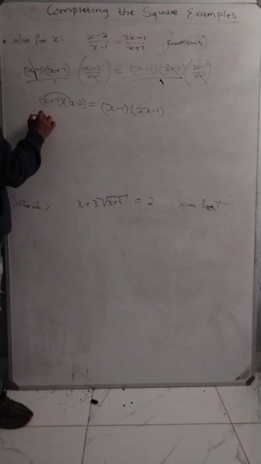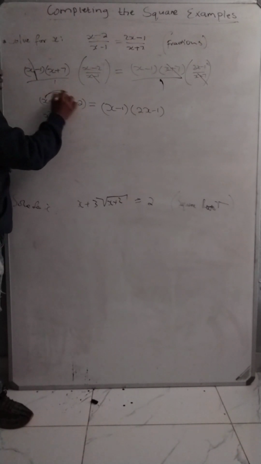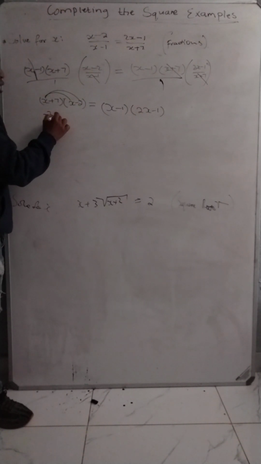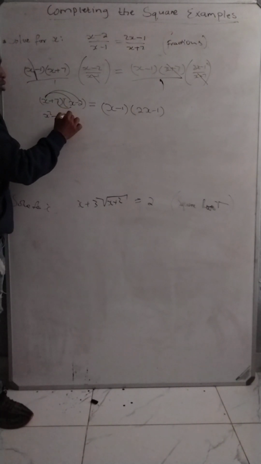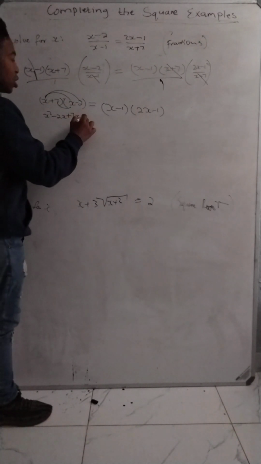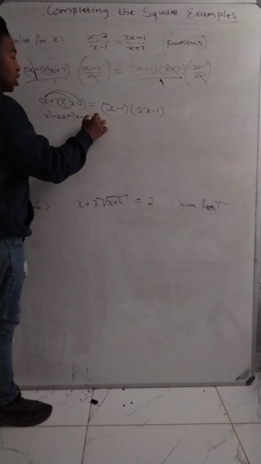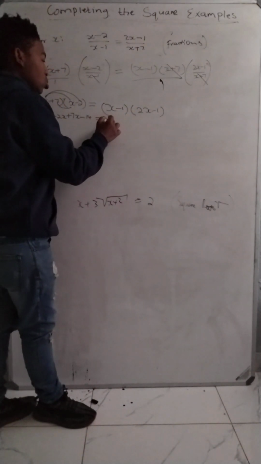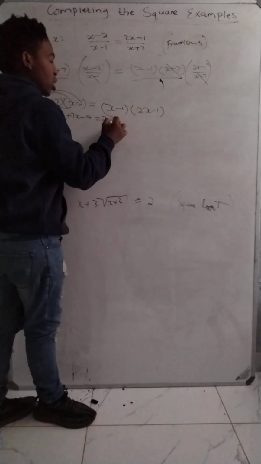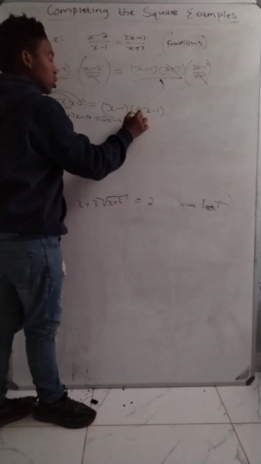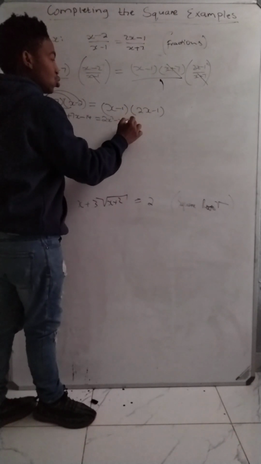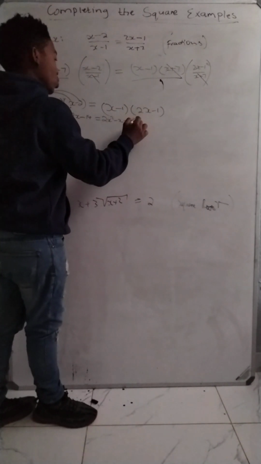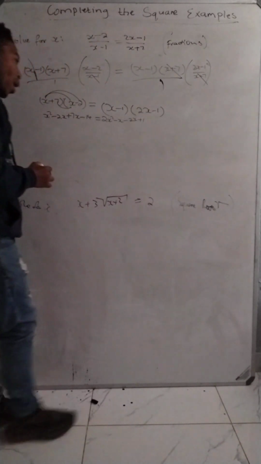Now we're going to be multiplying this. So x times that will have x squared, x times that will have minus 2x. This times that is going to be 7x, and then 7 times minus 2 is going to be negative 14, which is equal to x times 2x is 2x squared, x times minus 1 is minus x, minus 1 times that is minus 2x, minus 1 times minus 1 is positive 1.